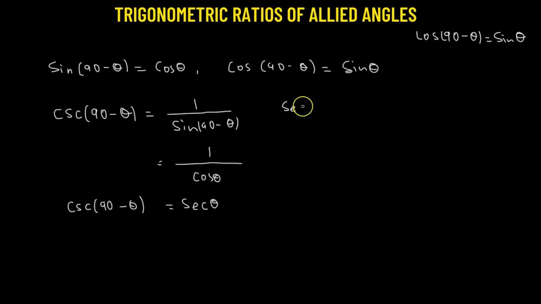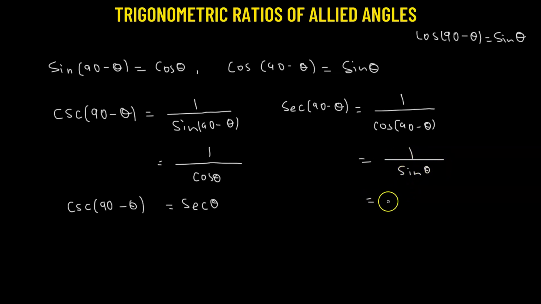Coming to secant of 90 minus theta, that will be equivalent to 1 over cosine of 90 minus theta. And cosine of 90 minus theta is sine theta. So 1 over sine theta, and this reciprocal is defined as the cosecant function. So secant of 90 minus theta equals cosecant of theta. Then we come to tangent.